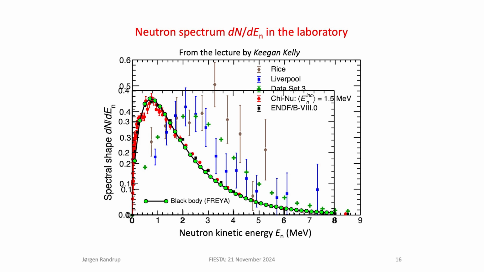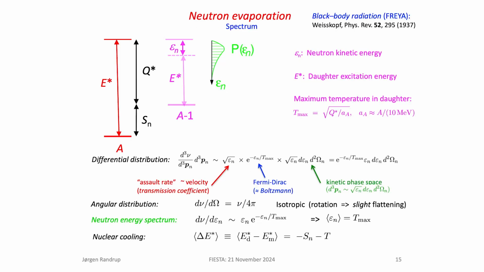You need to know certain things, but you have to calculate those in some model. What is the separation energy, for example, and so on. That you have to rely on. There are models for that. The separation energy is pretty well established, and you put it in, and you get this.